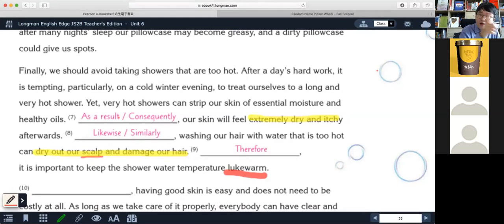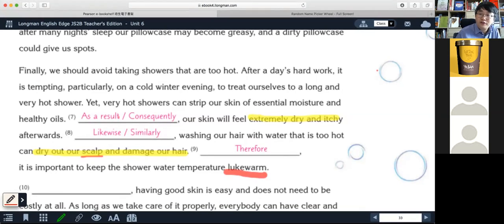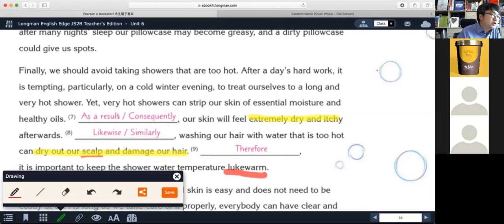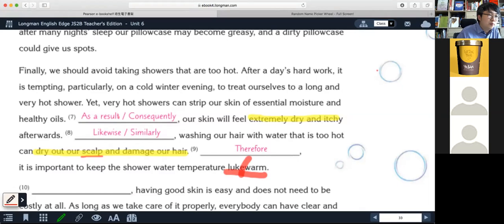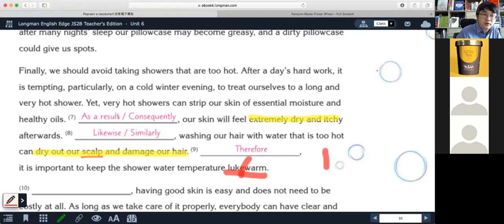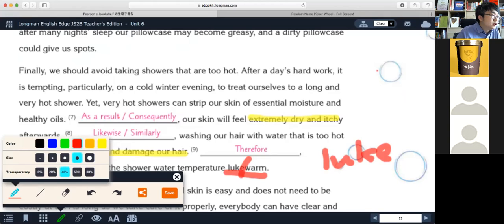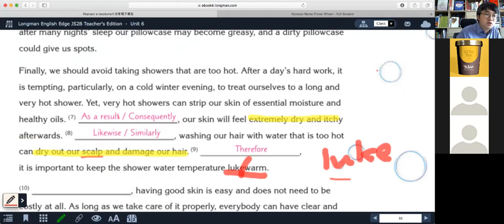But there is one very funny thing about this word. So this is for some students' reference. Lukewarm. So if you cut luke and warm, if you cut these two words, lukewarm, L-U-K-E, plus, okay, let me use this size. Luke plus warm.